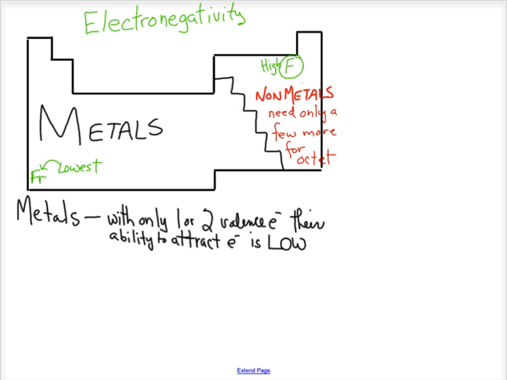In chapters 7, 8 and 9, we're going to get into bonding, and that's where electronegativity really comes into play. So far, we've differentiated ionic and covalent compounds by the distinction between metals and nonmetals. And we say that ionic compounds are those compounds where an electron is transferred from a metal that wants to give up an electron to a nonmetal that wants to gain an electron.